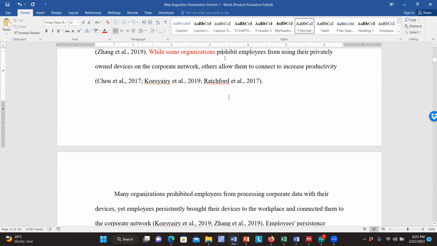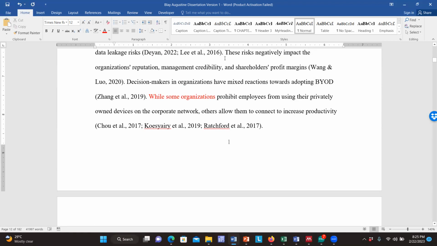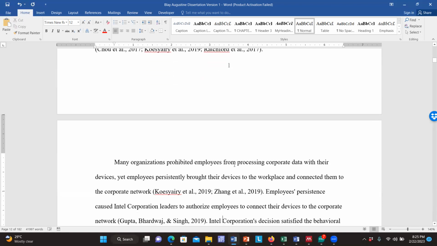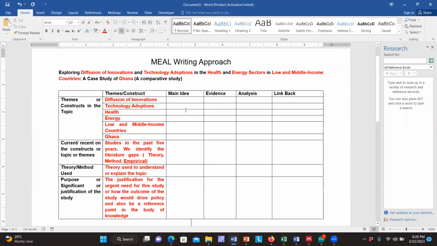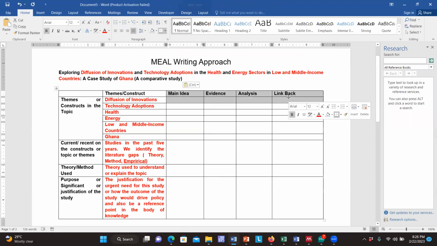And they could decide to create paragraphs on these things that were discussed, like the risks and the cybersecurity. They could do the same thing in the subsequent paragraph. But once they get there, they still maintain the MEAL formula. They still maintain the main idea. So what I've done here is to help you: if you are talking about this, bring what you are writing as the main idea, bring the reference here as what?